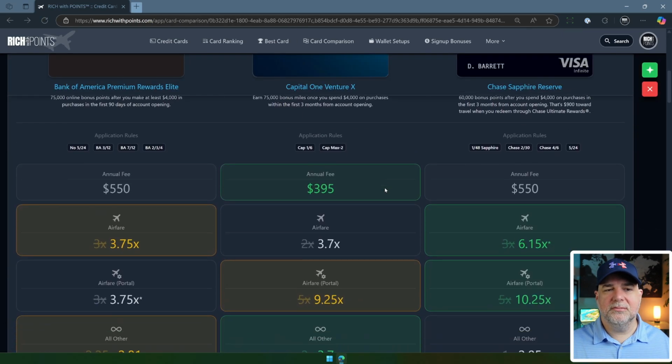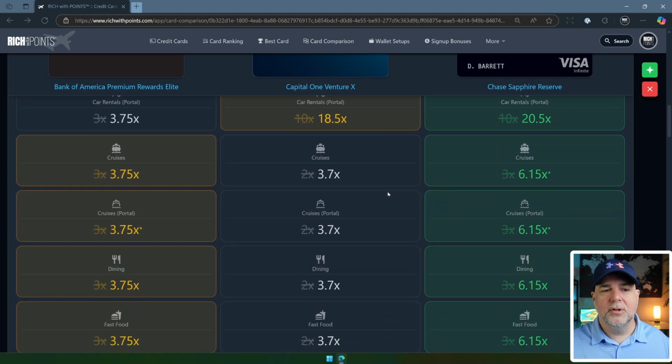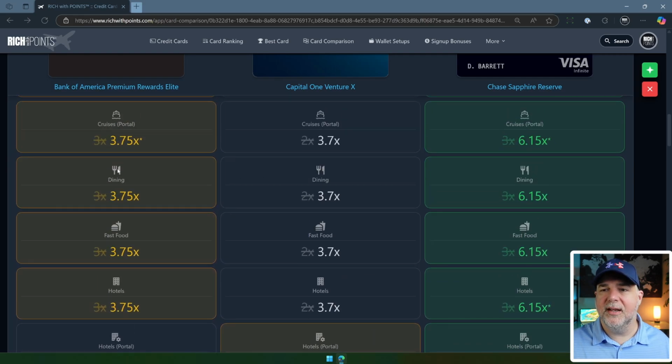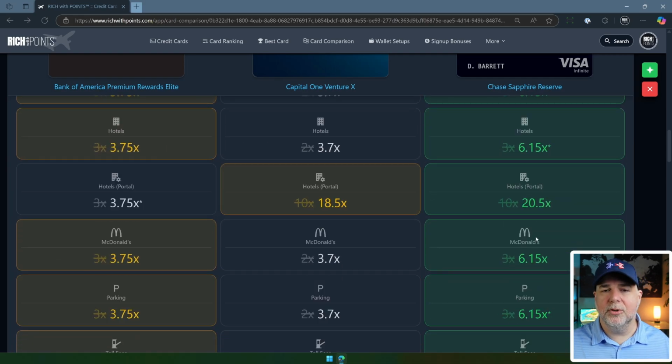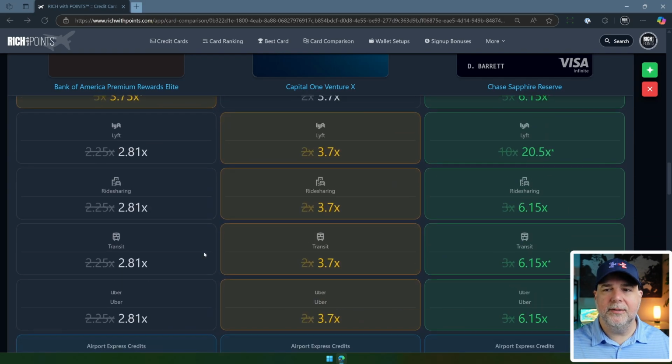And now we're winning second in a few. We're dining. It's a little bit better than the Venture X, but not anywhere close to the Reserve. Now, granted, these are transfer partners and not just using it in a travel portal, where the Elite just doesn't have that ability, but still not doing that great, right?